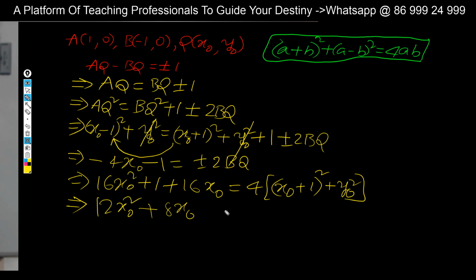And this is plus 4, and this is minus 4y square. I think this is not 16, this is 8 only. Yes, that's wrong what we wrote. I corrected it. It is 8x0. That means this 8x0 gets cancelled on the other side. You don't have this.